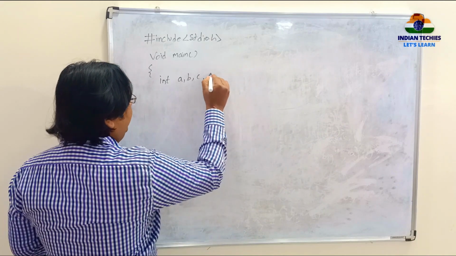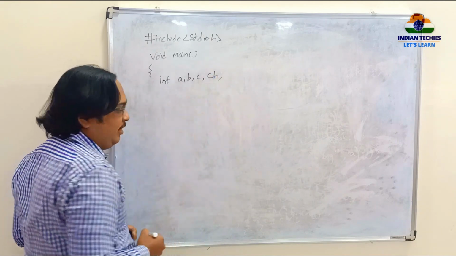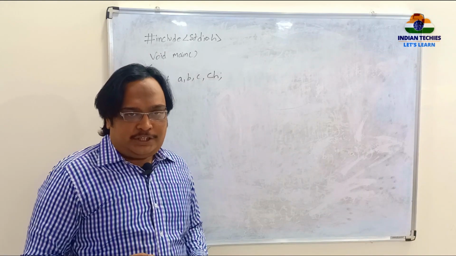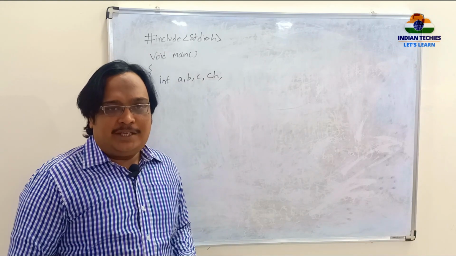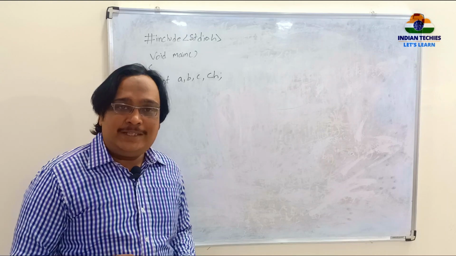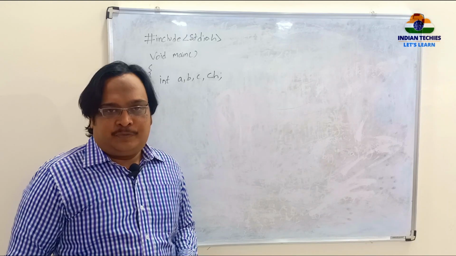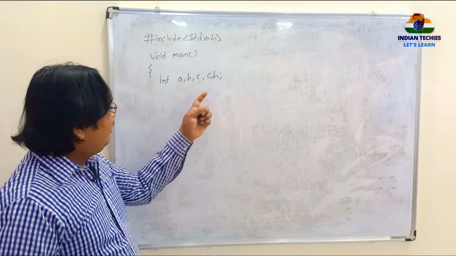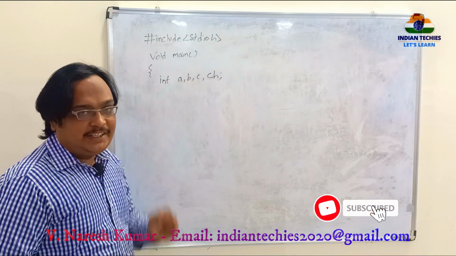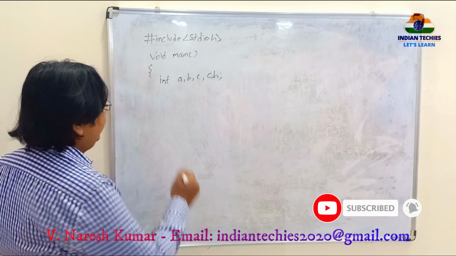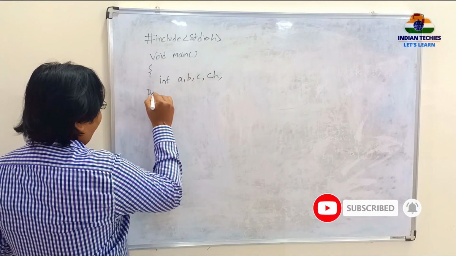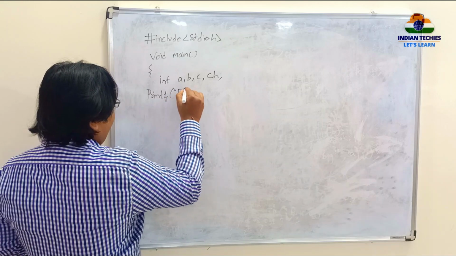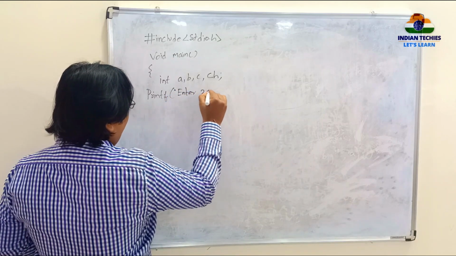For that purpose I am declaring choice. Here I am expecting 1 means addition, choice 2 means subtraction, 3 means multiplication and 4 means division. Since 1, 2, 3, 4 are numbers, I have declared ch also as an integer. First of all, take two values as input, that is printf enter two values.